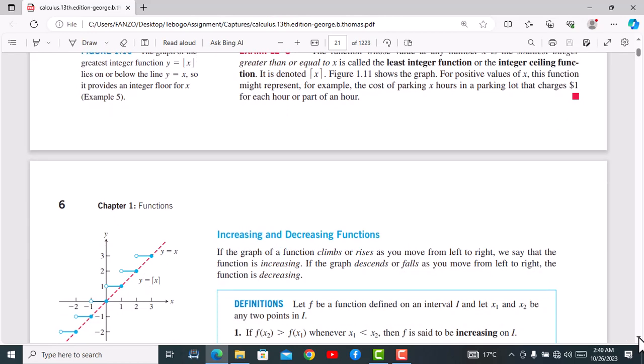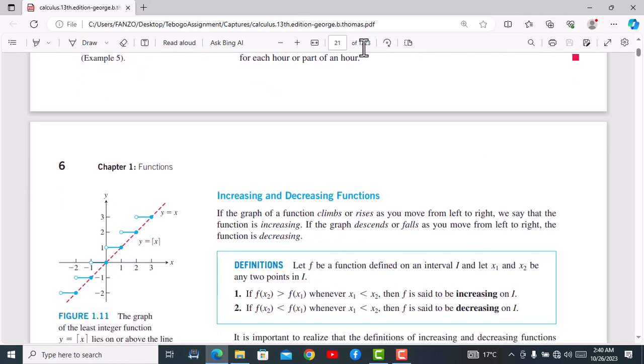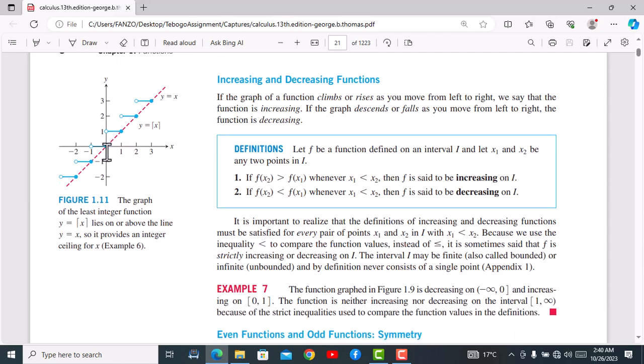Now in this one, I think it is very important that we see something here, something which is worthy of noting. Right, in here, y equals the greatest integer function in terms of x. Let us look at what is happening here.